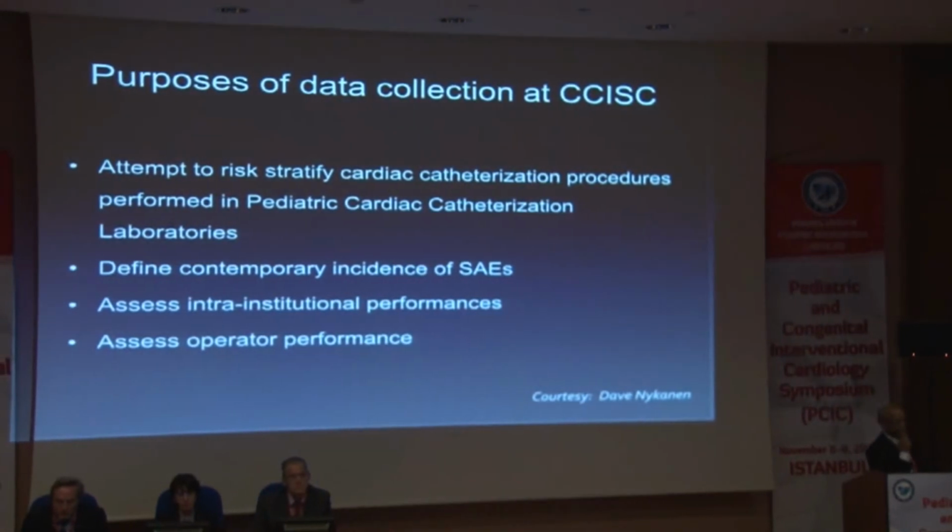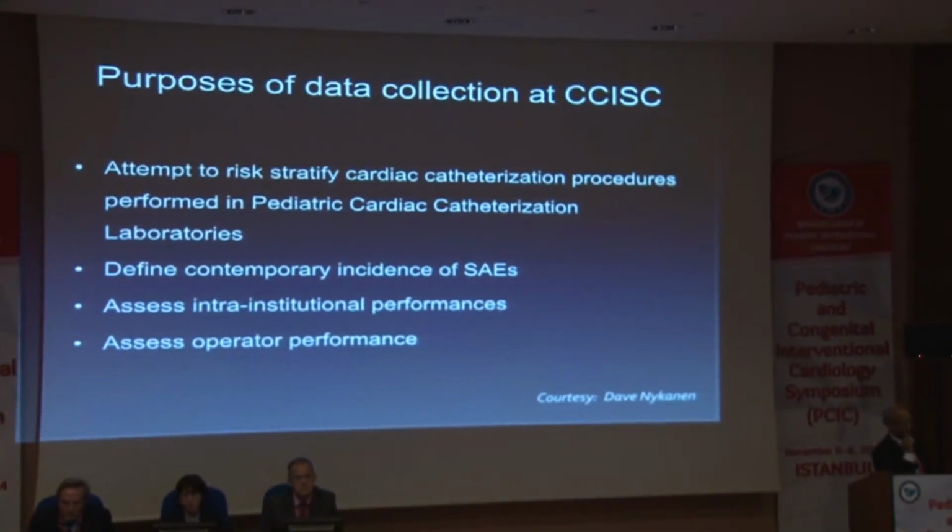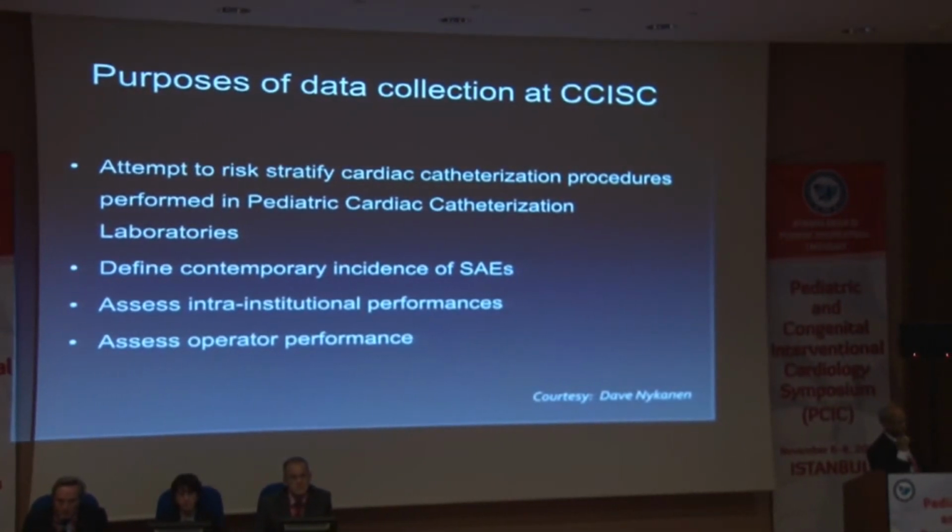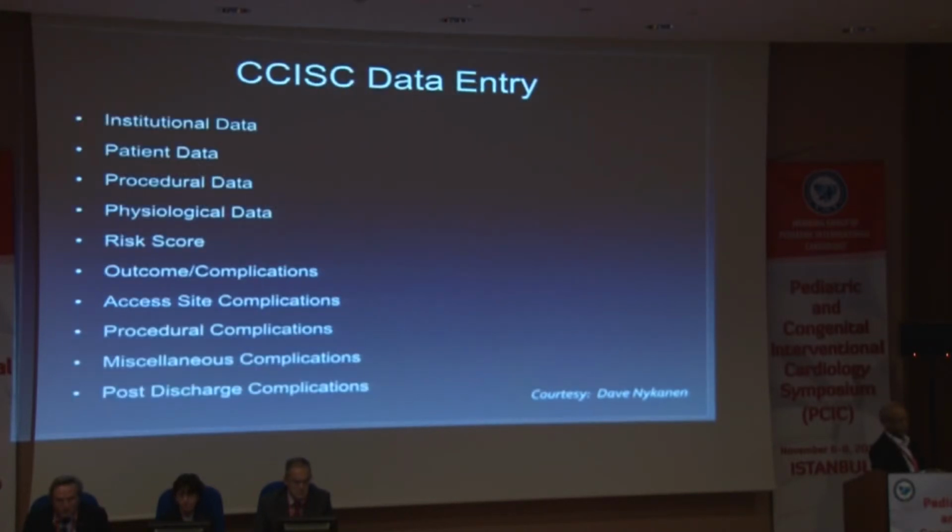In this particular one, I'll focus briefly on CCISC, because Dave Nykanen from Florida has been helping with this registry with Tom Forbes. The aim is to attempt to stratify cardiac catheterization procedures, define incidence of serious adverse events, assess performance between institutions, and also assess operator performance as well.